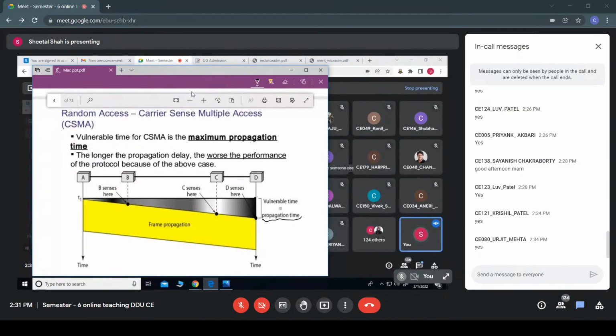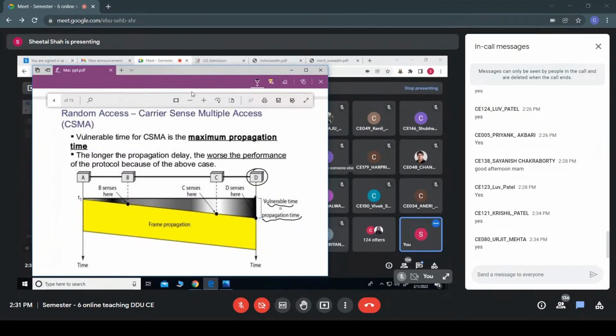It means that there would not be a collision, because D will find that the first bit has reached. Okay. And it would make out that there is some traffic in this transmission media, and hence the vulnerable time, that is the possibility of collision, is equal to the propagation time.